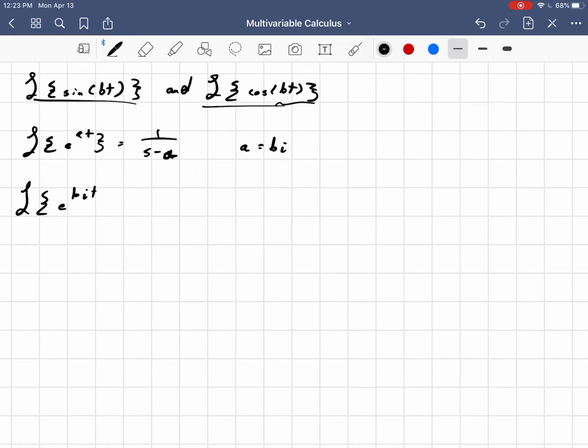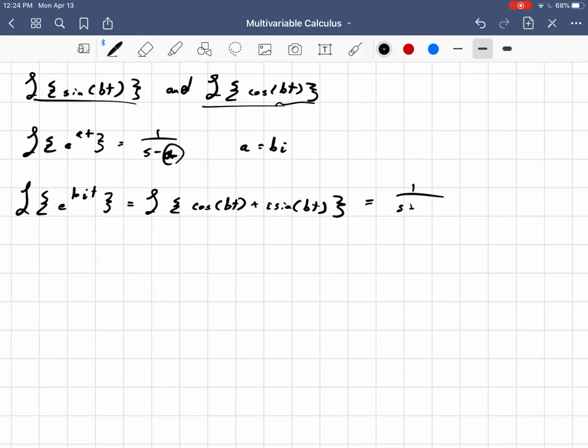That's not what I would have wanted. Well, I'm going to let a be equal to bi, and so I get the Laplace transform of e to the bit, which is the Laplace transform of the cosine of bt plus i times the sine of bt.